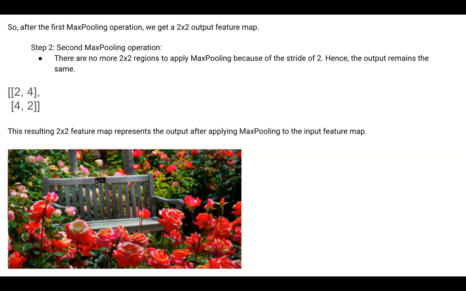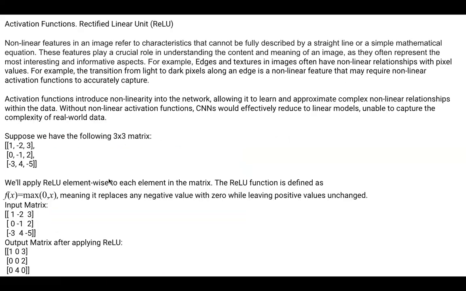A bench, and the bench has something written on it. Complex features, right? What are activation functions? They help the network identify these nonlinear features. And the most popular activation function is ReLU, which is rectified linear unit.